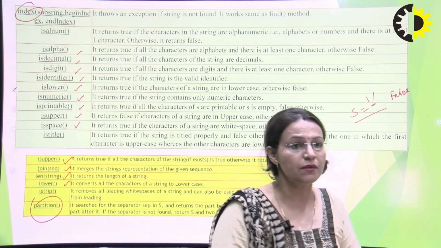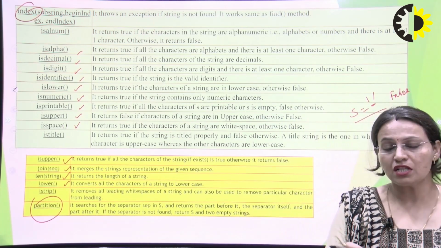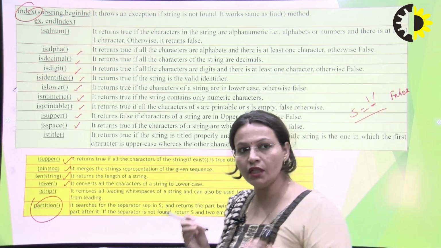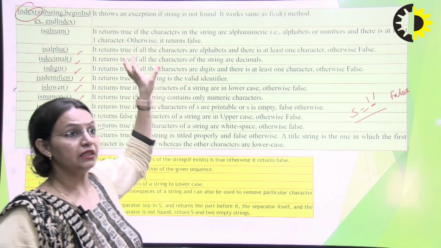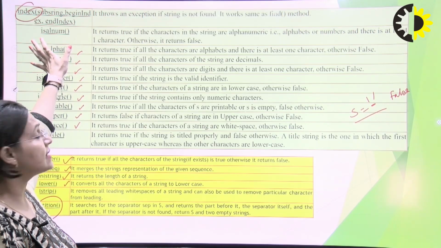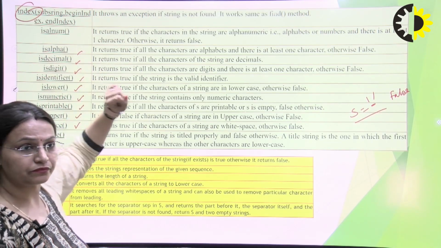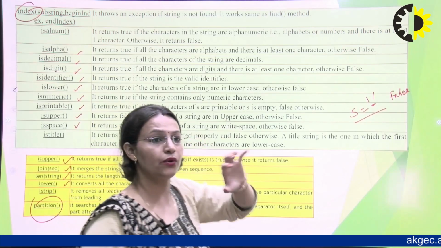Index function is very similar to the find function. Find function is basically returning you the index value of the substring from the string. But this index function is similar to the find function, but it will throw an exception.